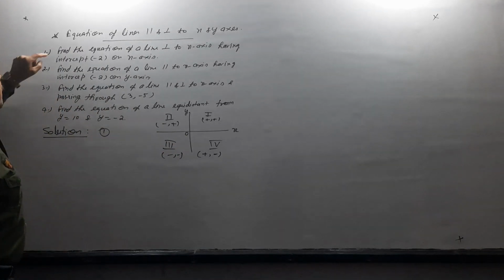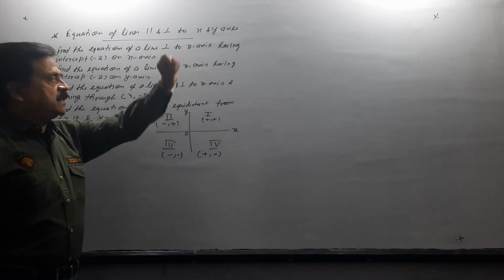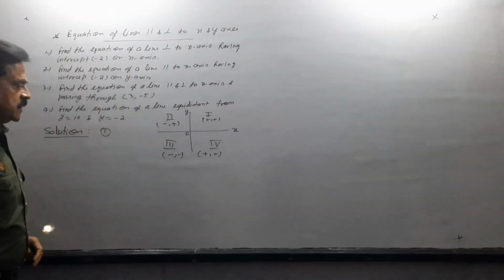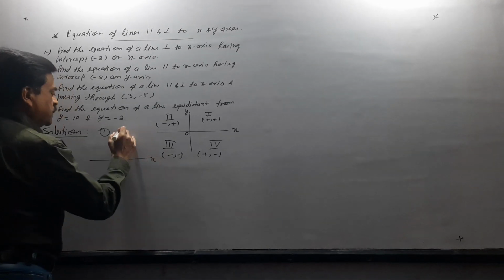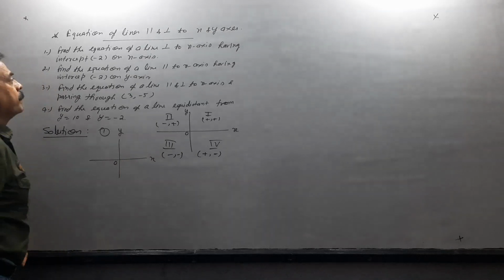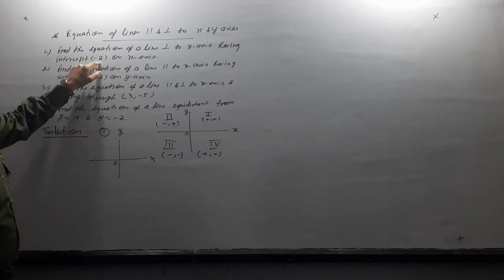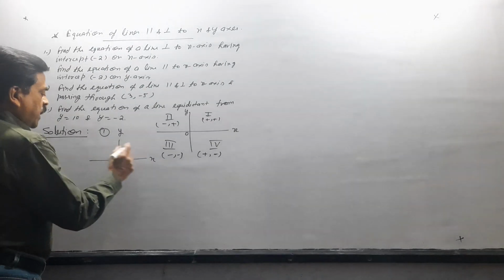Now, in first question, find the equation of a line perpendicular to x-axis having intercept -2 on x-axis. We draw another coordinate system, x-axis, y-axis, origin. Intercept of -2 on x-axis.